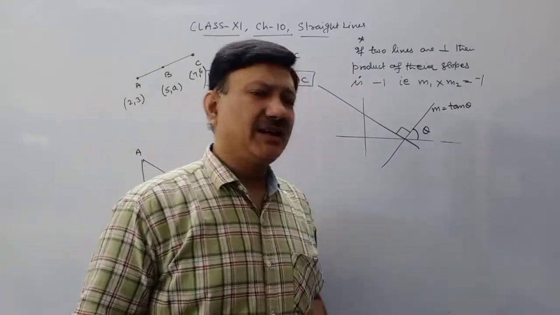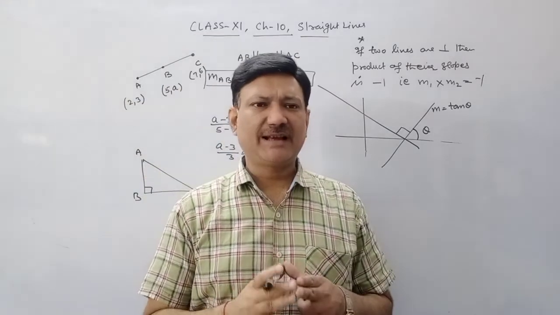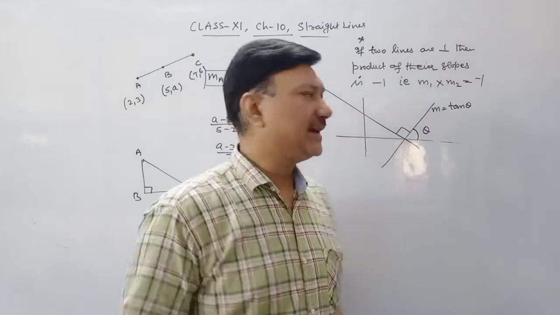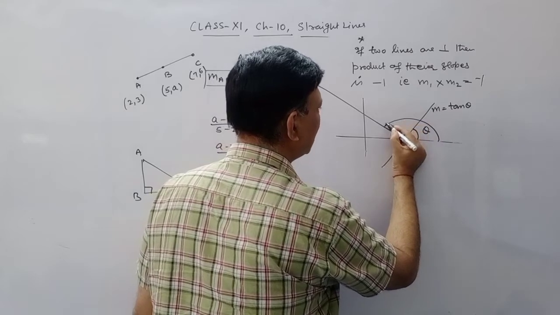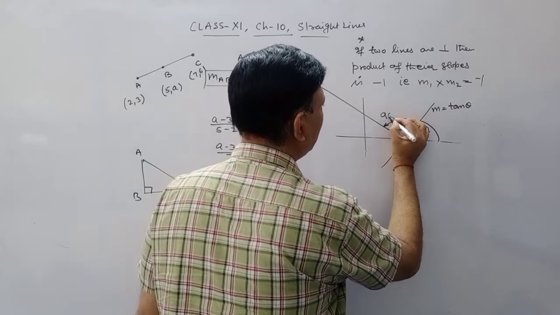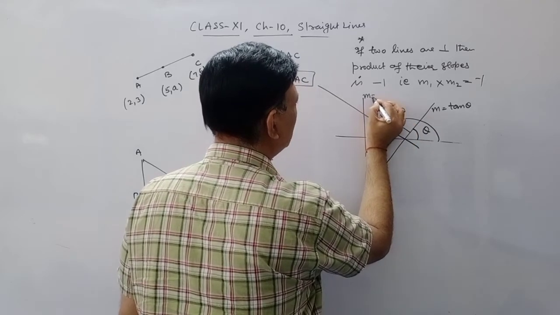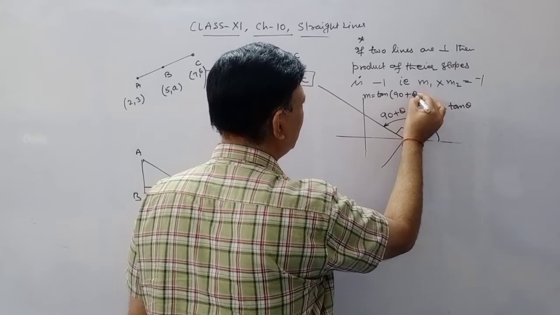जिस लाइन का हमें स्लोप फाइंड करना होता है, उस लाइन का पॉजिटिव एक्स एक्सिस के साथ हमें एंगल मालूम होना चाहिए. सो व्हाट विल बी द एंगल ऑफ दिस लाइन विद एक्स एक्सिस? दिस इज 90 प्लस थीटा. So what is the slope of this line? Tan of 90 plus theta.